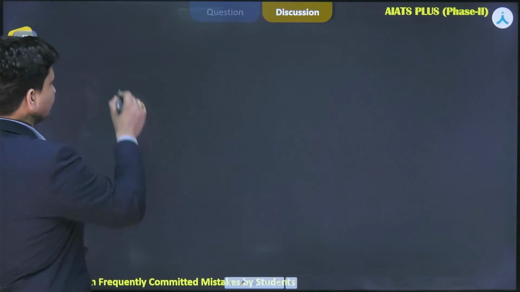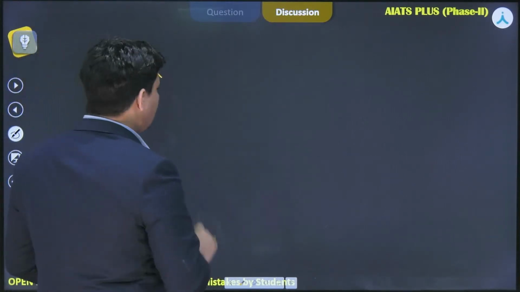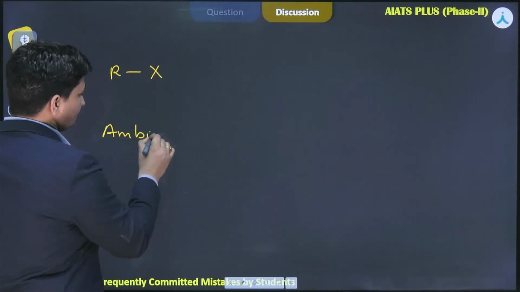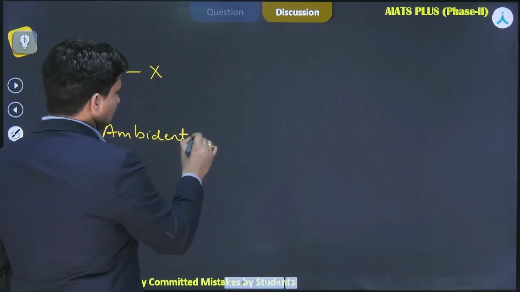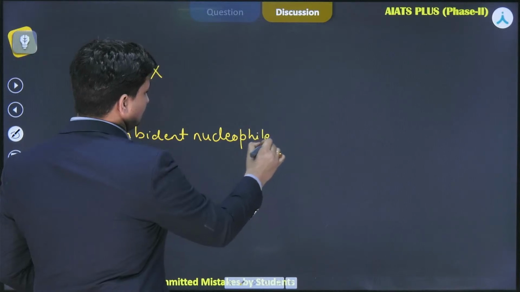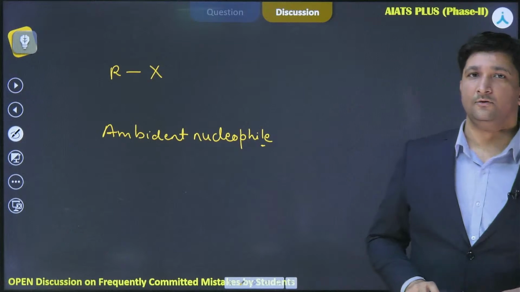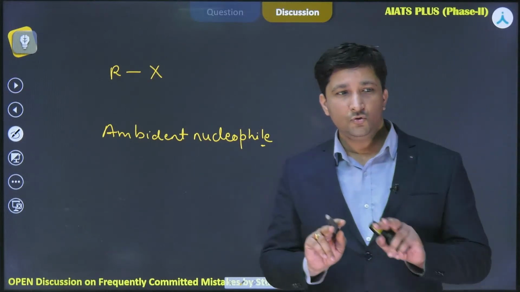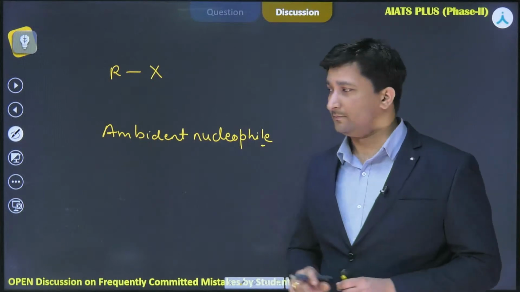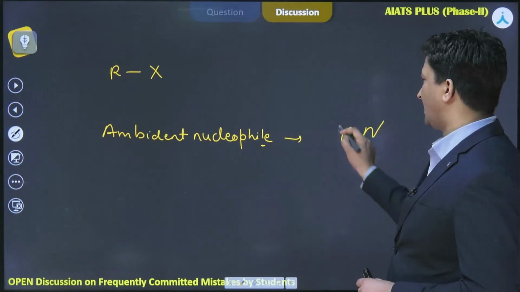Suppose we have RX. Now, a concept of ambident nucleophile arises. Generally, an ambident nucleophile has two nucleophilic centers, but only one can attack at a time. One example is CN minus.